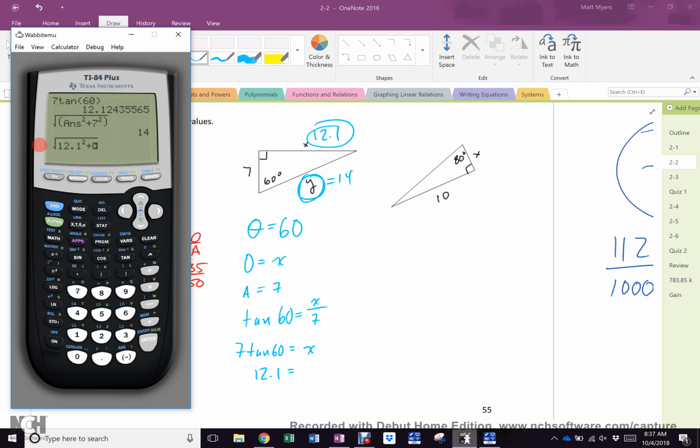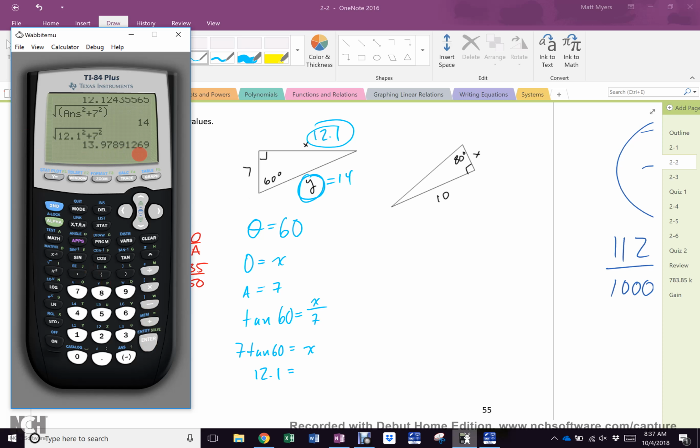Plus 7 squared. 13.9789. Everybody with me? Is either one of those, for me marking, going to affect you being graded? No, I don't care. Everybody with me?